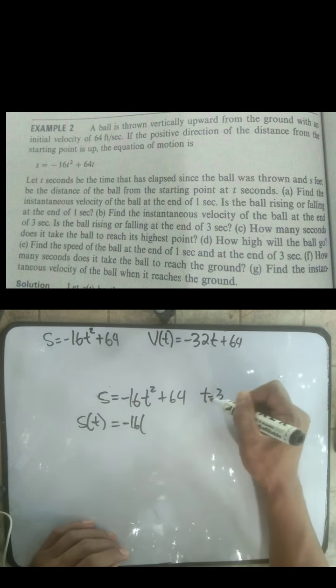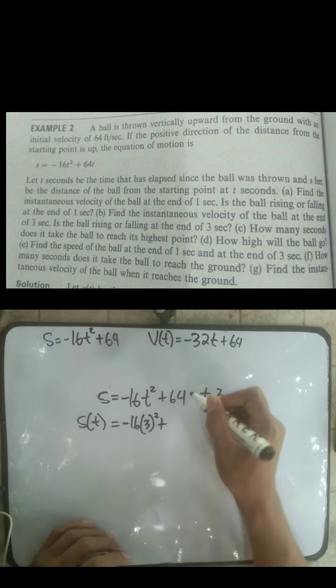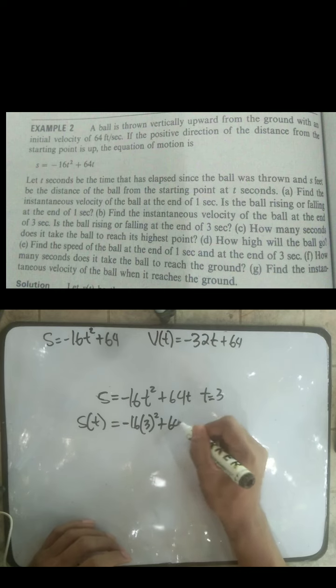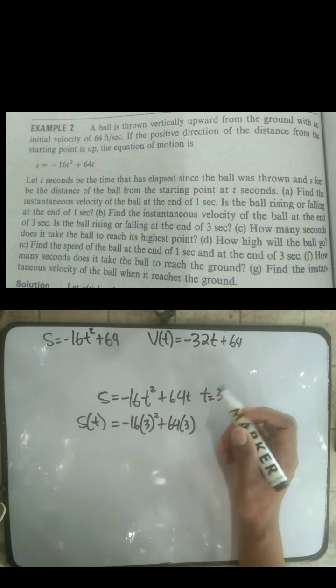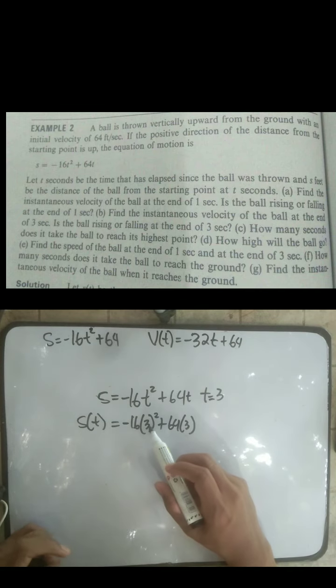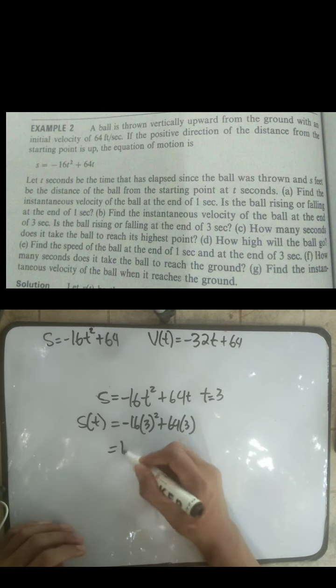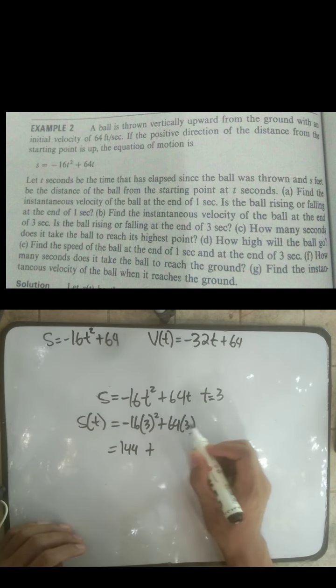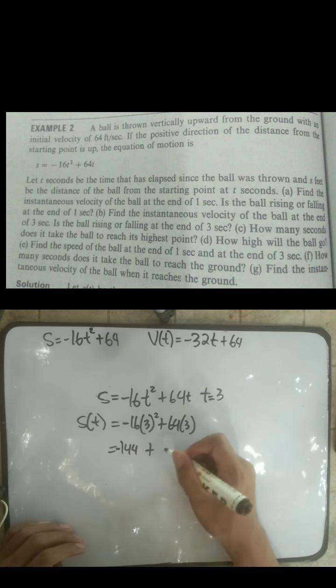Negative 16 times 3 squared plus 64 times 3. 3 squared times negative 16 gives negative 144, plus 64 times 3 is 128.